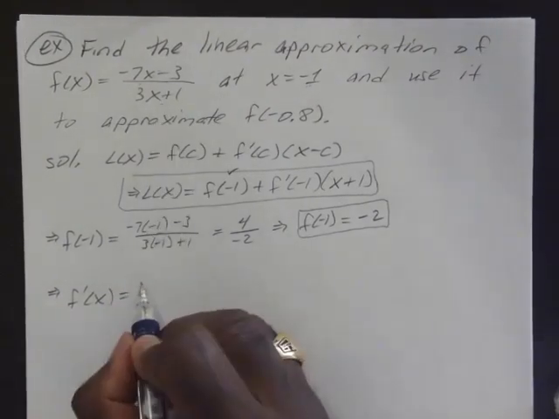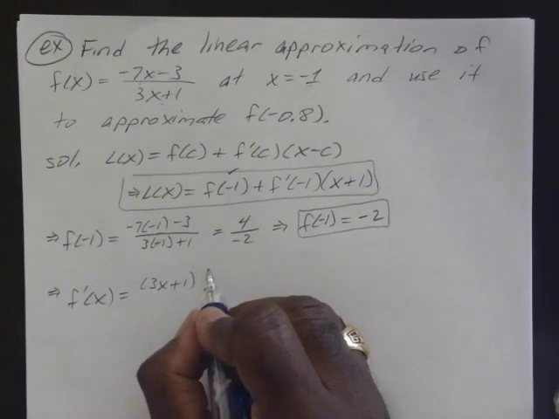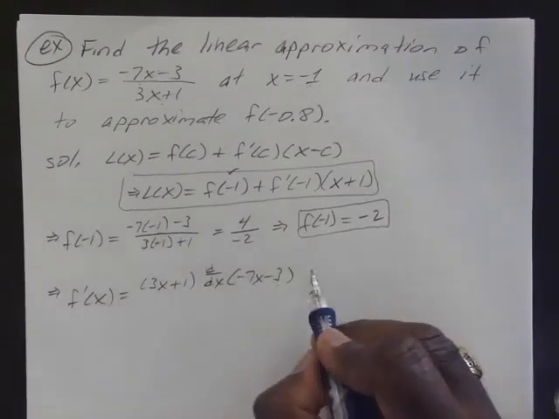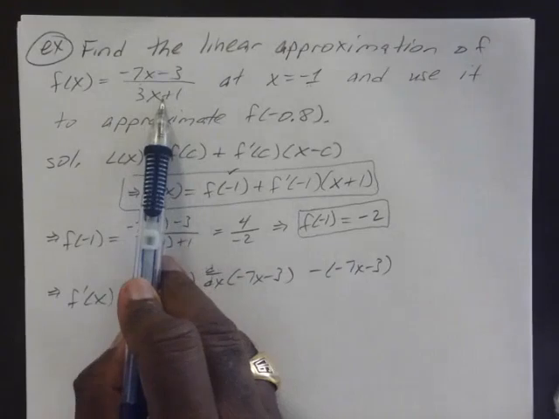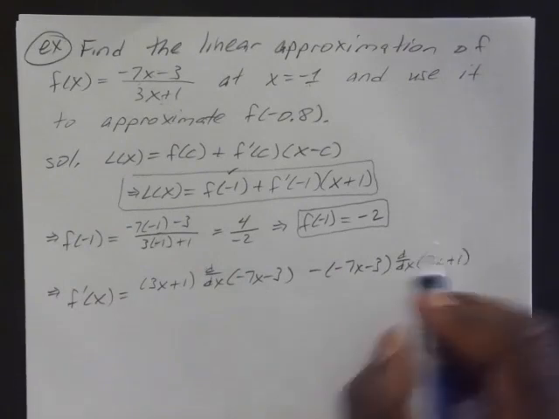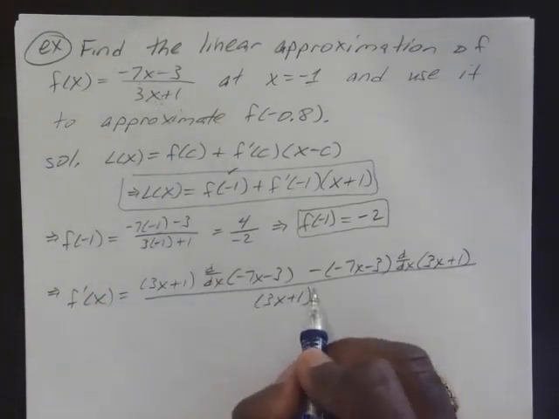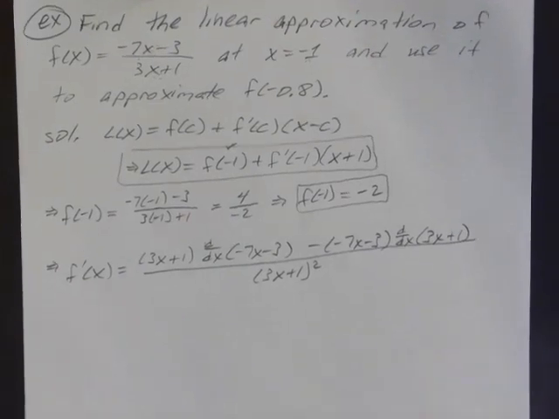So we have the denominator, which is 3x plus 1, times the derivative of the numerator, negative 7x minus 3, minus the numerator, negative 7x minus 3, times the derivative of the denominator, the derivative of 3x plus 1, all over your denominator squared. So 3x plus 1 squared.